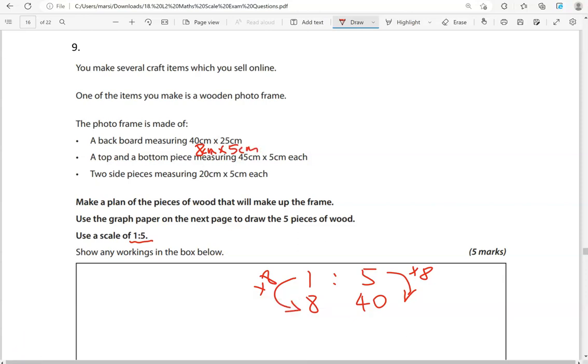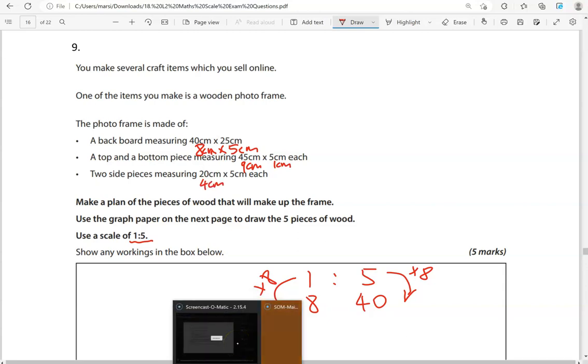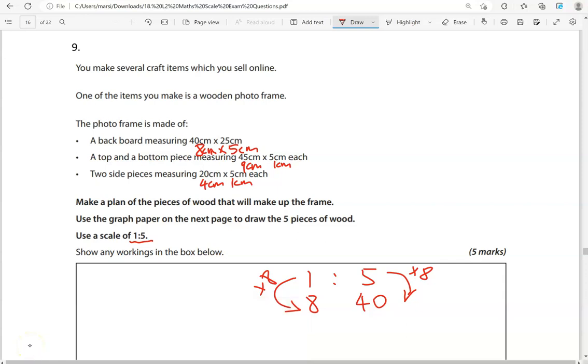Then we have 45, so 45 divided by 5 gives us 9. 5 divided by 5 gives us 1. 20 divided by 5 gives us 4. Again, 5 divided by 5 gives us 1. So we're drawing a backboard which measures 8 centimeters by 5 centimeters on the grid.